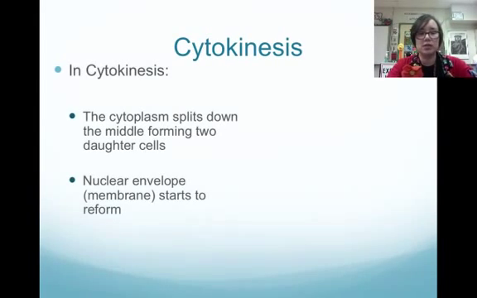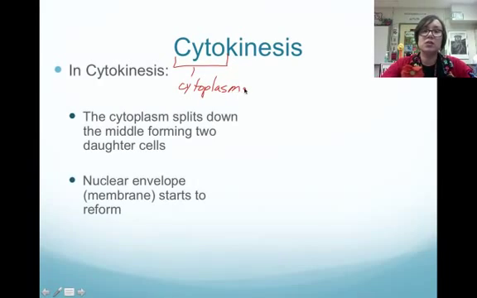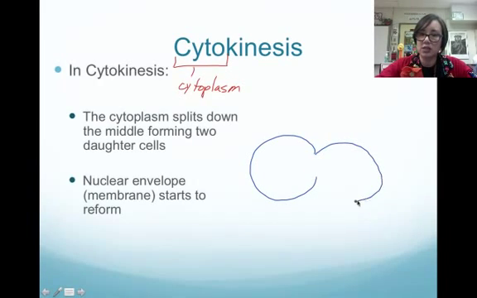which brings us to our last phase of the cell cycle, which is cytokinesis. And if we look at this term cytokinesis, cyto sounds like the word cytoplasm. So cytokinesis is basically the division of the cytoplasm after we've already separated our genetic material. So if this were actually happening in a cell, it would look something like this.